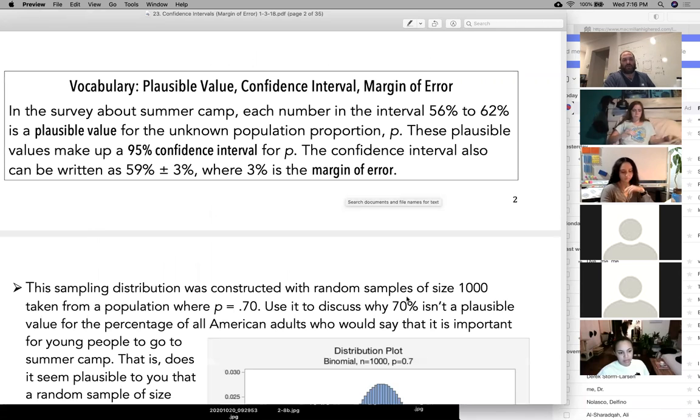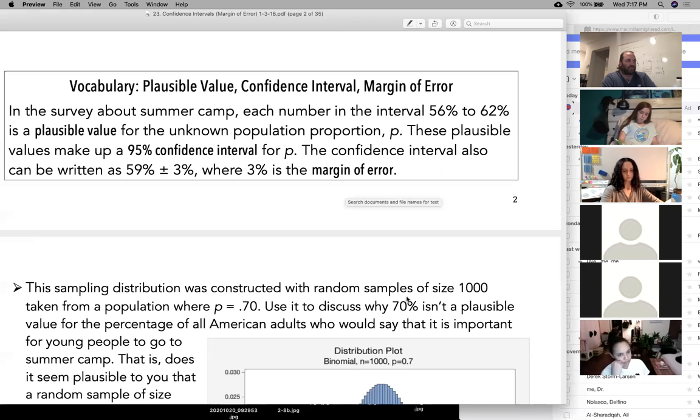So in a survey about summer camp, each number between 56% and 62% is a plausible value for P. This is boxed, so you know it's important. Each number between 56% and 62% is just as plausible as any other.